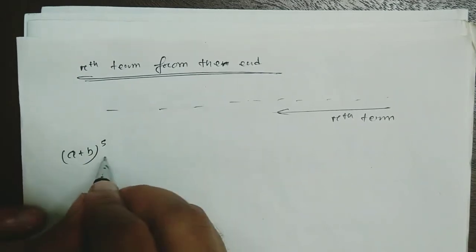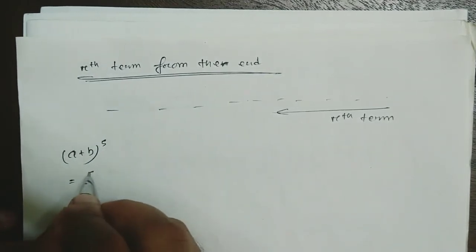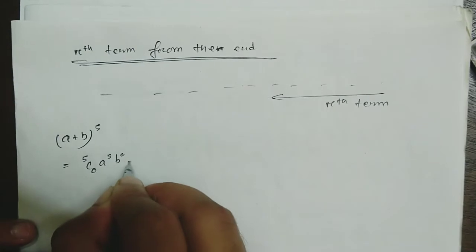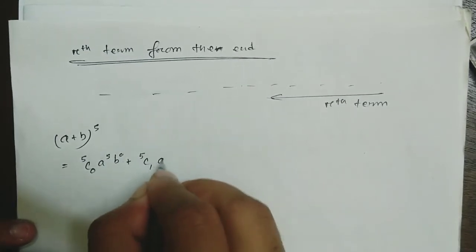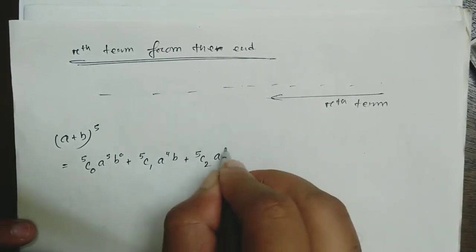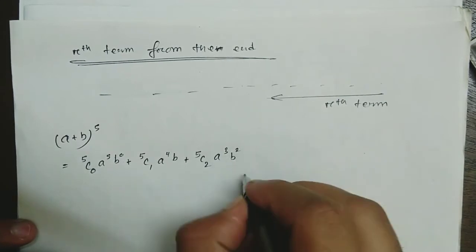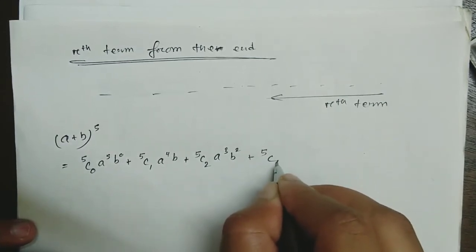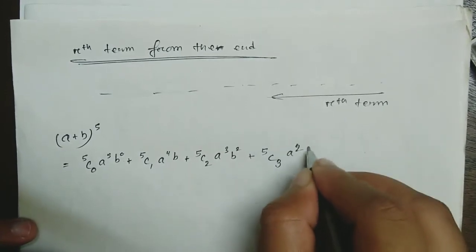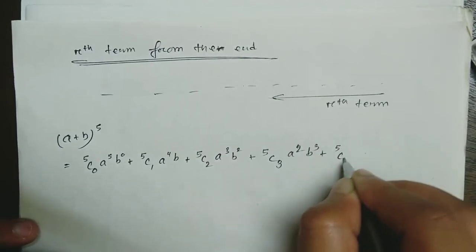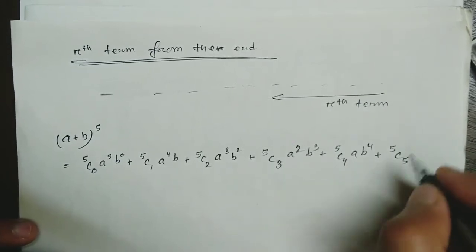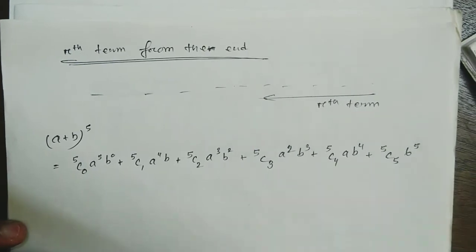From there we will try to understand, and this will come as 5c0 a to the power 5 b to the power 0 plus 5c1 a to the power 4 b to the power 1 plus 5c2 a to the power 3 b to the power 2 plus 5c3 a to the power 2 b to the power 3, 5c4 a to the power 1 b to the power 4 plus 5c5 b to the power 5.